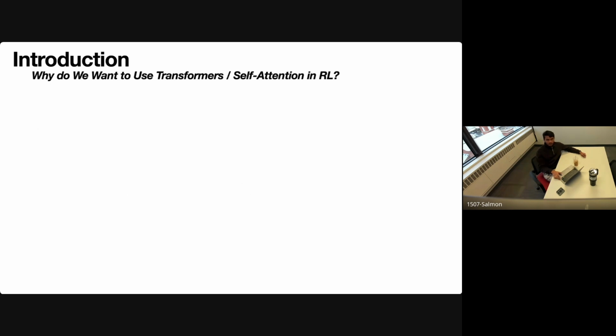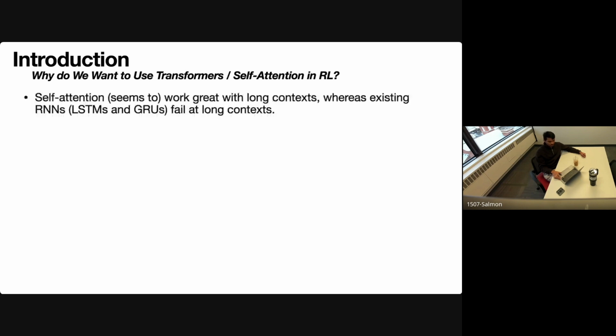But why do we want to use transformers in reinforcement learning? The reason is that the self-attention mechanism seems to work really well in long contexts. We can already see that being applied to the text domain, where we see ChatGPT being able to handle millions of contexts all at once.